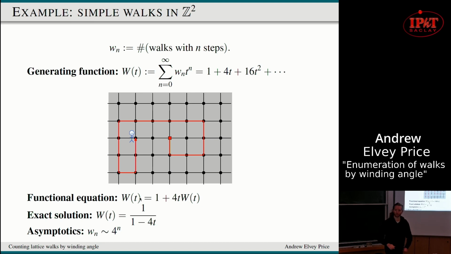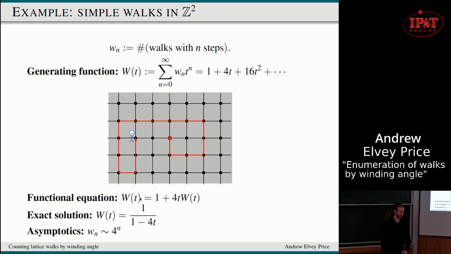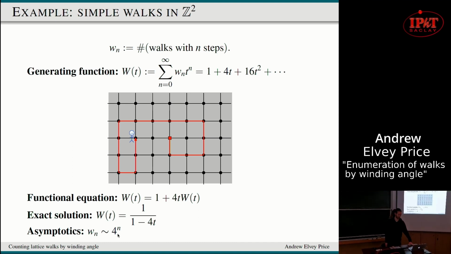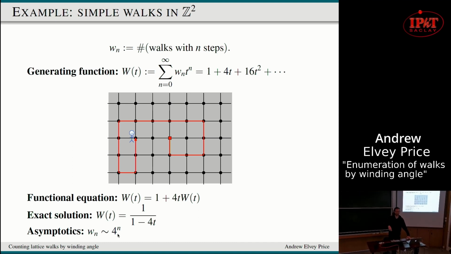Do you have an interpretation for the simple pole and its residue? Yes, the fact that there's a simple pole at t equals 1/4 is related to the fact that it has this asymptotic form 4 to the n. If there was a double pole, for example, it would be n times 4 to the n.